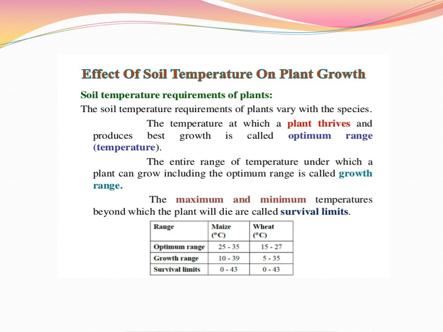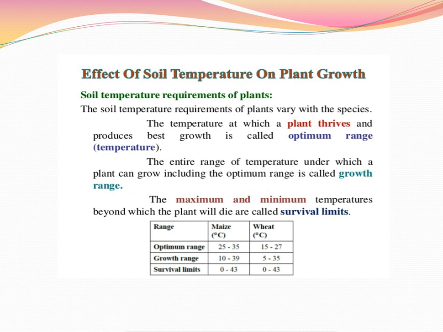So what is the optimum range for different crops? Let's study about it. The optimum range for maize crop is 25 to 35 degrees centigrade. Then growth range, that is 10 to 39.